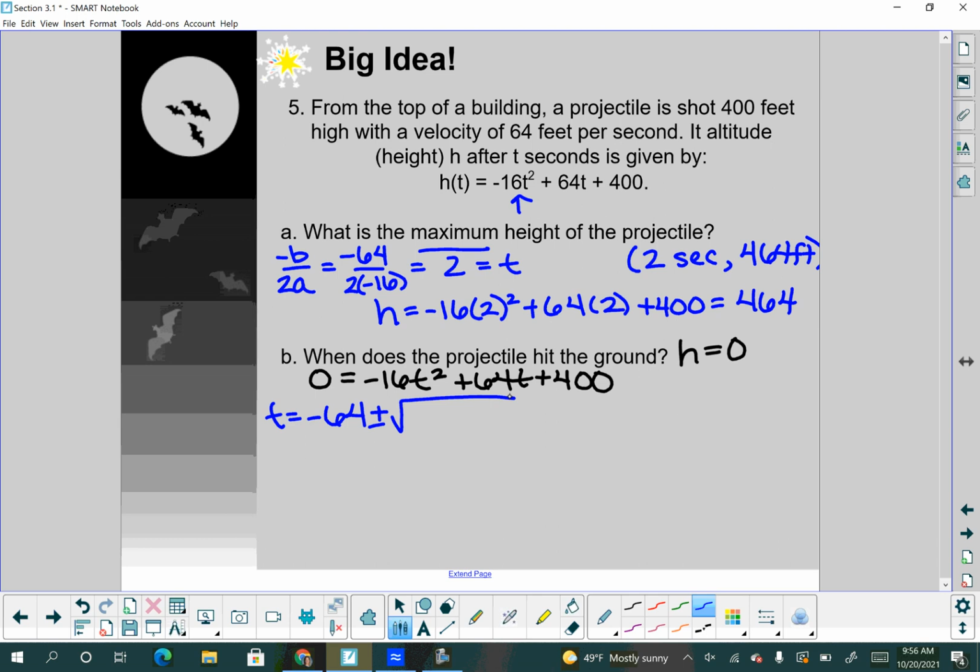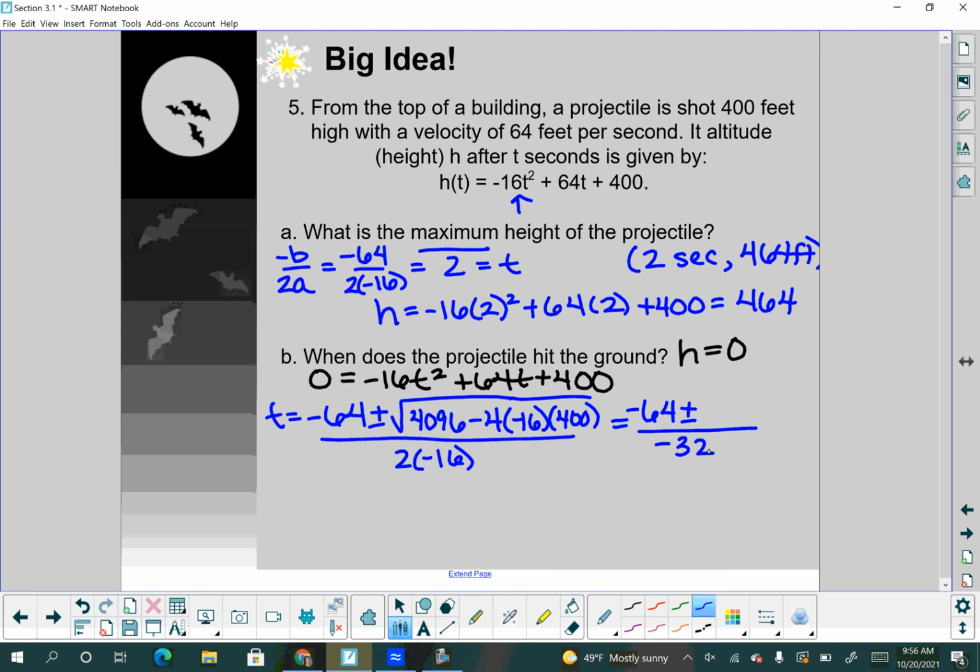64 squared gives me 4,096. Minus 4 times a is negative 16 times c is 400. All over 2 times negative 16. Let's simplify everything under that radical.